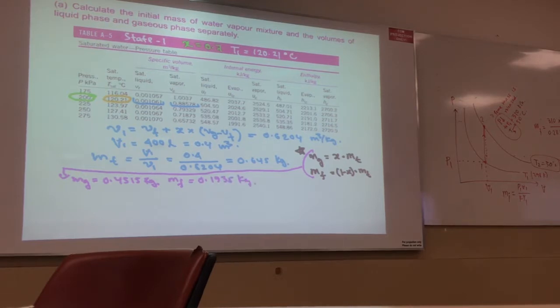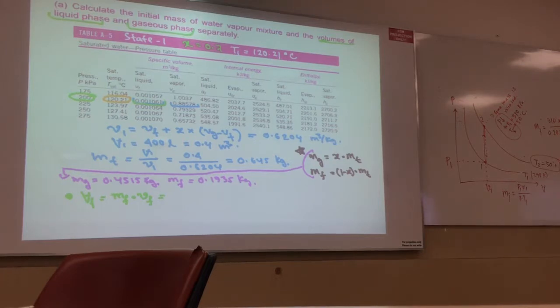In that question they also tell you to find the volumes of the liquid phase and the gaseous phase. What is the volume of the liquid phase? Volume of liquid phase is Vf, right? This is defined by mf times specific volume vf. Specific volume vf is this value.